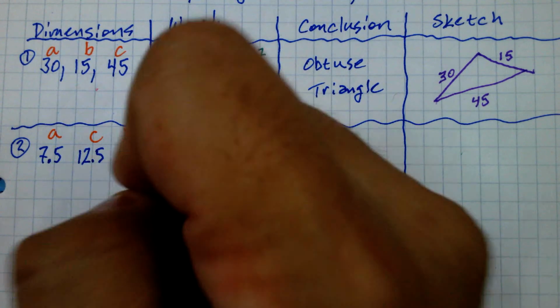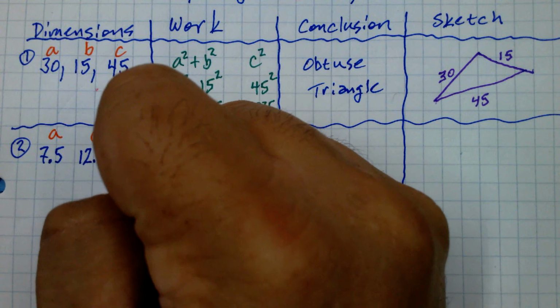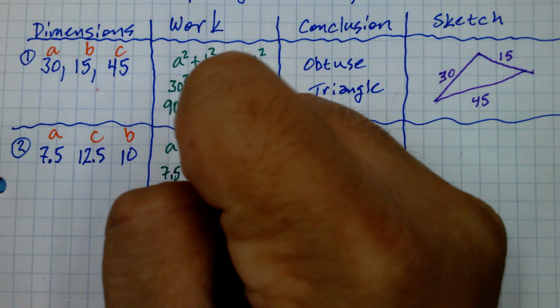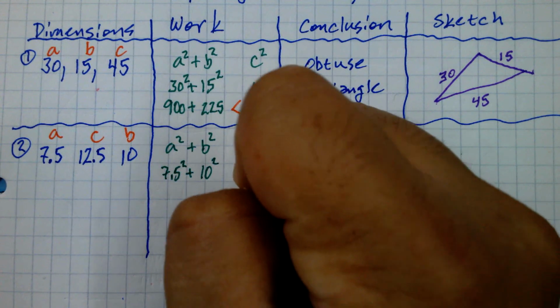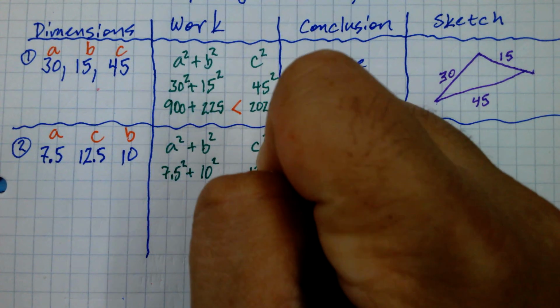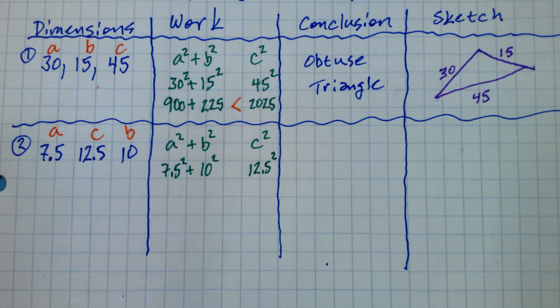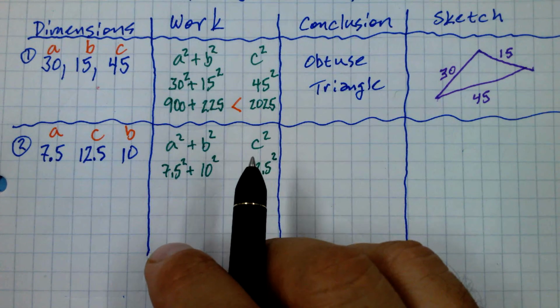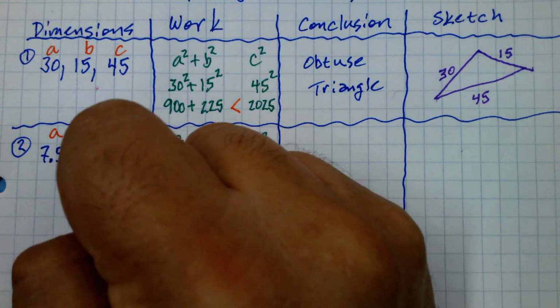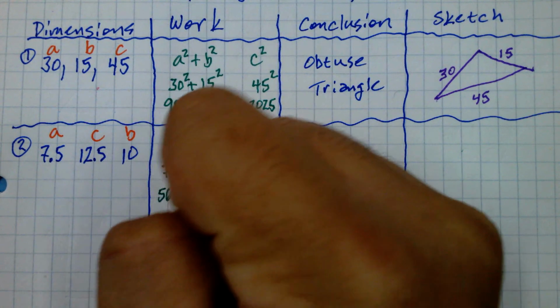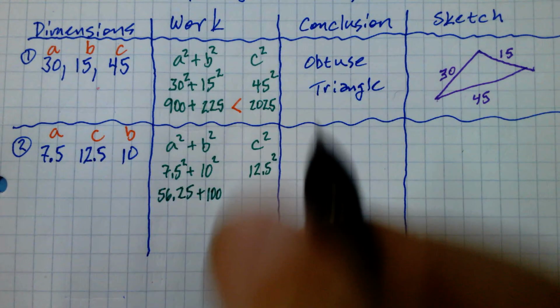Okay, so this time we have 7.5 squared plus 10 squared, and we're going to compare it to 12.5 squared. Okay, so let's square some numbers. So 7.5 times 7.5. And I know the other one's 100, so I'll just put that.